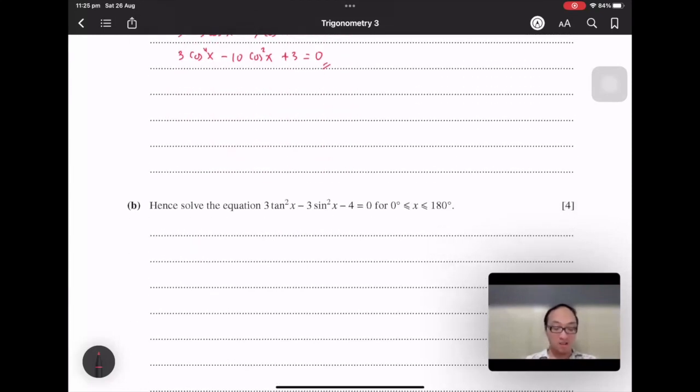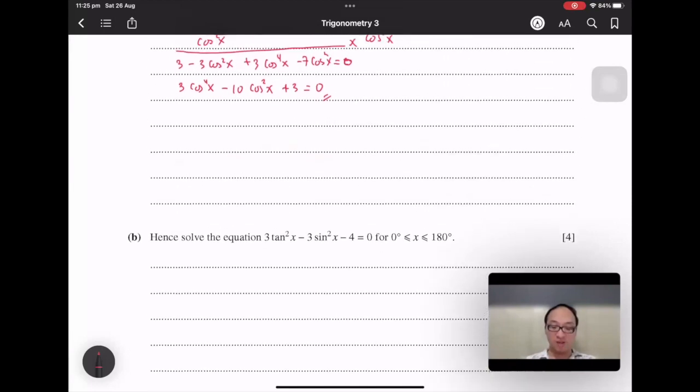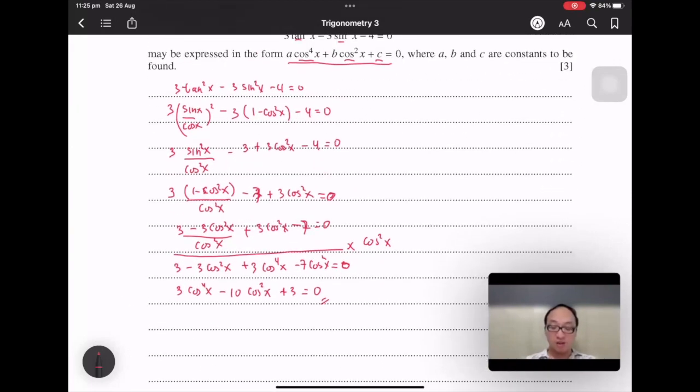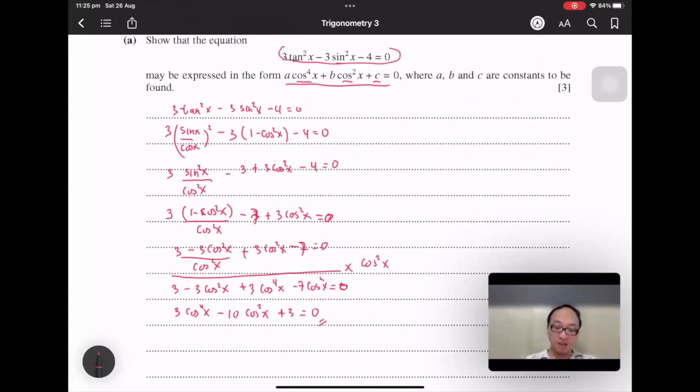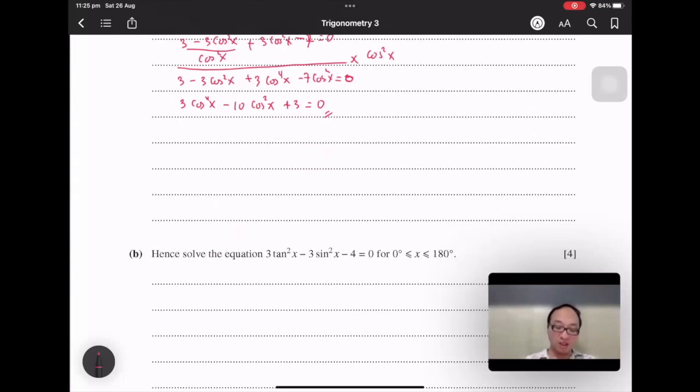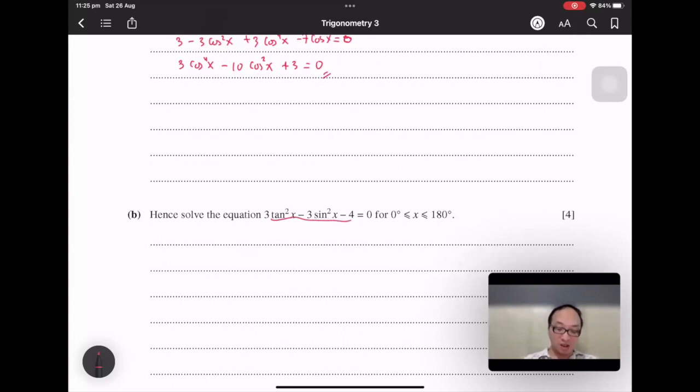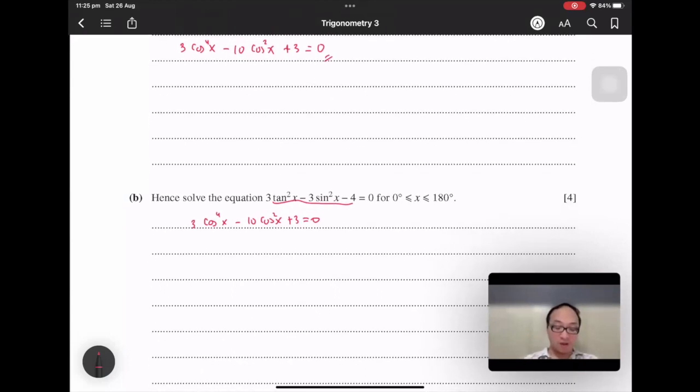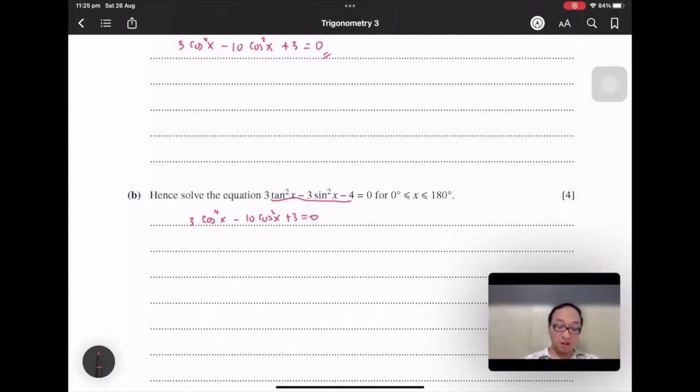Hence, solve the equation 3 tan²x − 3 sin²x − 4 = 0. So the equation here is the same as this. So we can change this one into 3 cos⁴x minus 10 cos²x plus 3 equals 0. So we can have the quadratic equation here, and I can factorize.